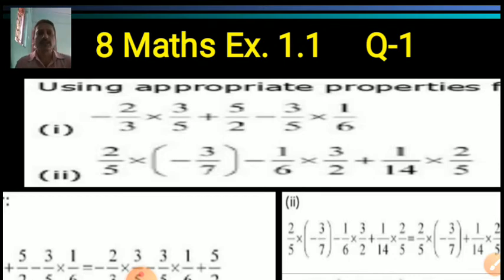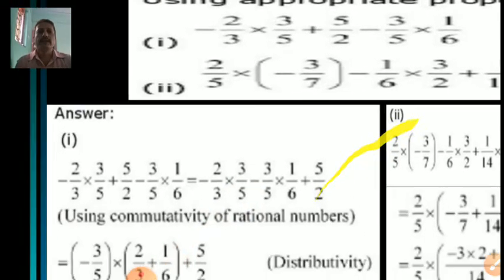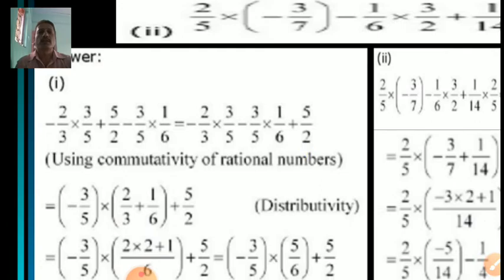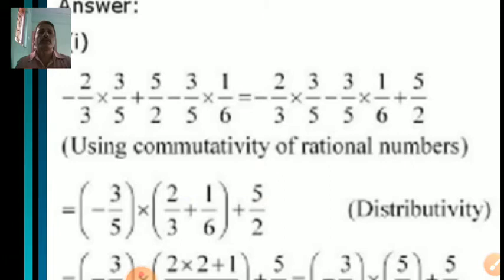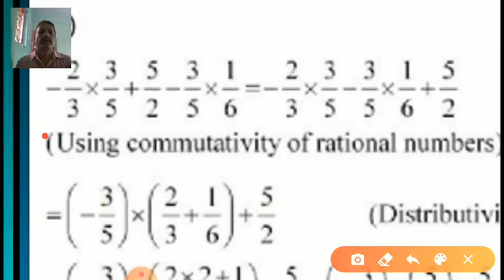Let's check first answer. It's very easy. Just check out the question. See, the question is here. This is our question.